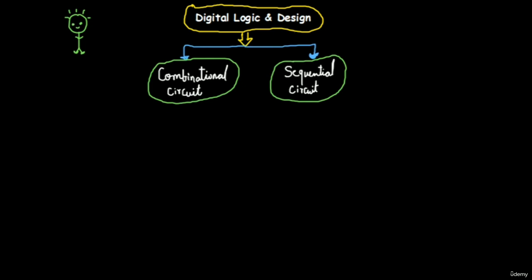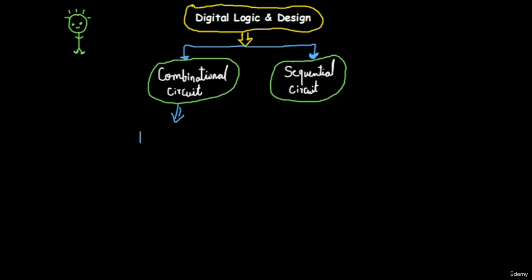So let's start with the very basic part. There are technically two basic classifications for our digital logic design subject: combinational circuit and sequential circuit. Let me introduce what a combinational circuit is. For simplicity, just remember two words.